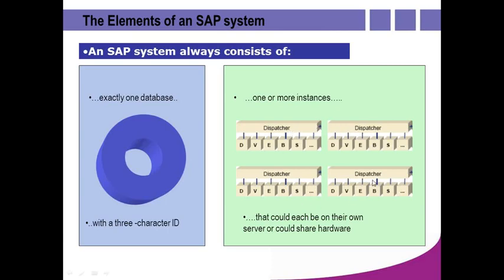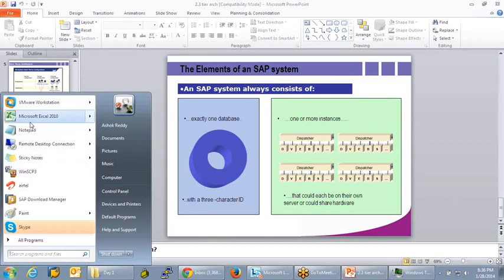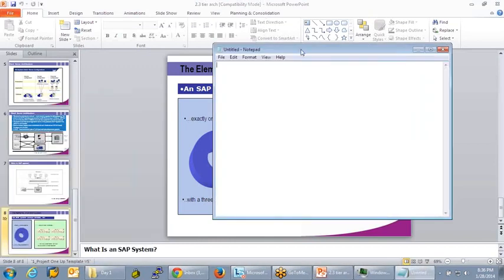Like that, we can go for multiple instances in an application layer. SAP allows us to install a maximum of 98 instances in an application layer. Each and every instance is identified by its NR. NR means number.